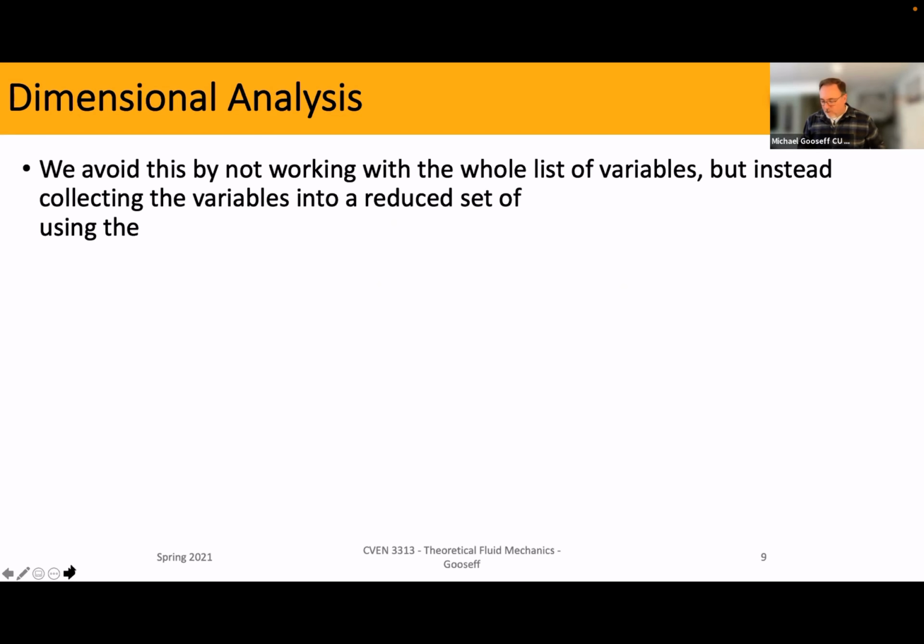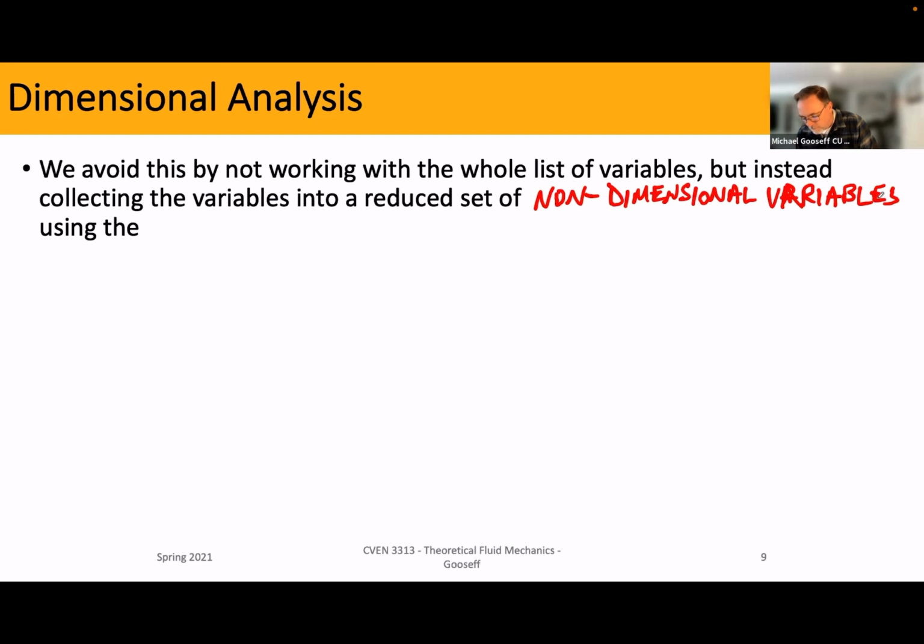And instead, what we do is we collect the variables into a reduced set of non-dimensional variables, using something we call the Buckingham pi theorem. Okay, and we'll talk about the details of that in a moment.